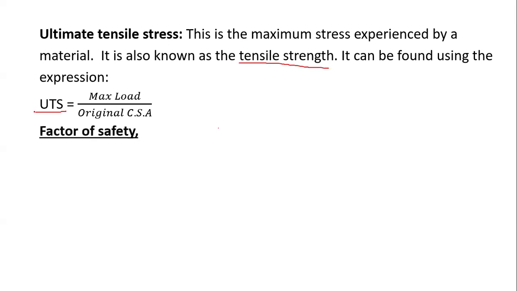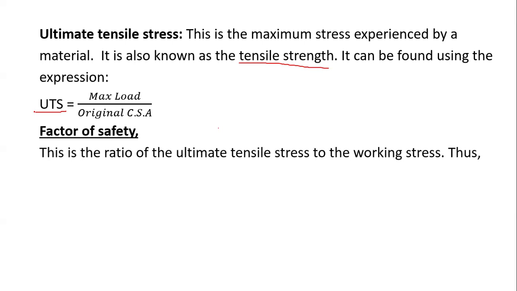The factor of safety is simply the ratio between the ultimate tensile stress and the working stress. Now, this factor of safety is just a number, preferably between 4 and 8 or 4 and 7. The reason it comes in is to ensure that what we pick as our working stress is safe.